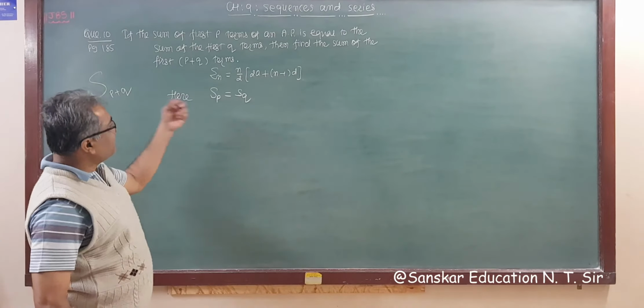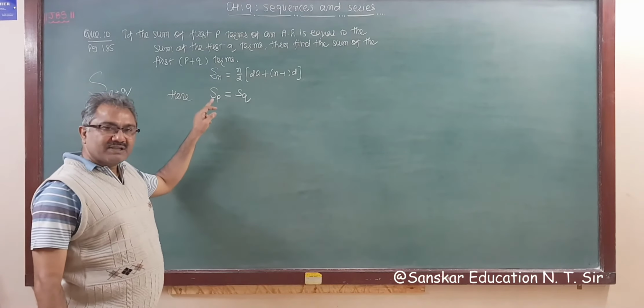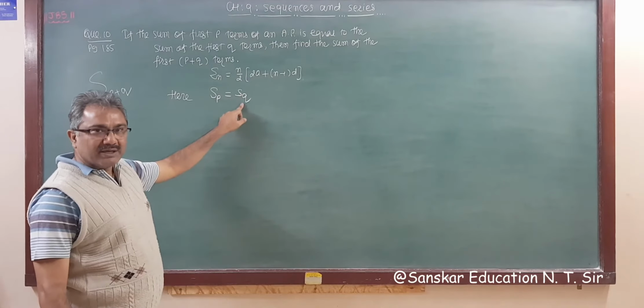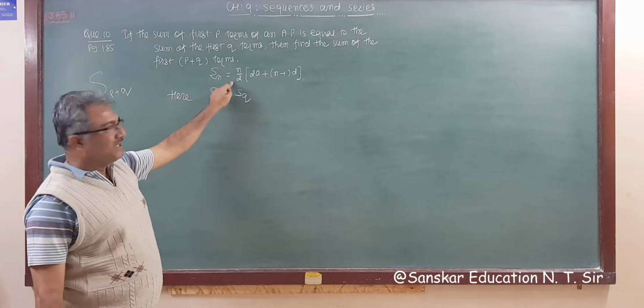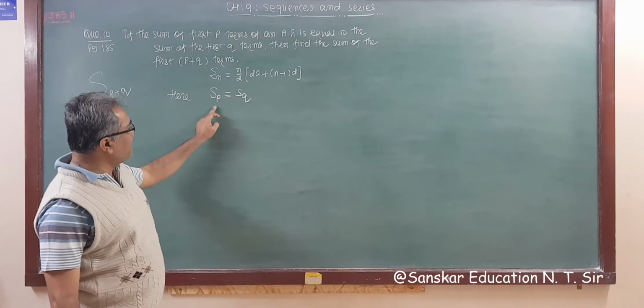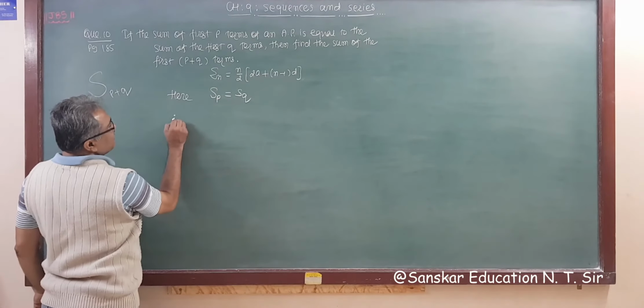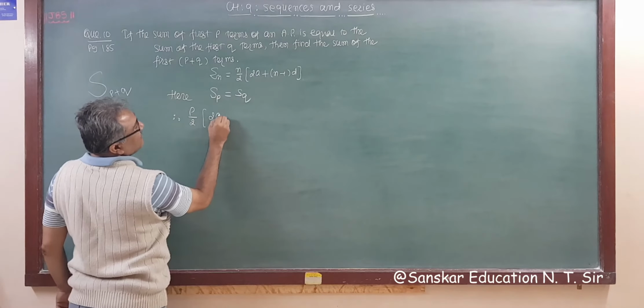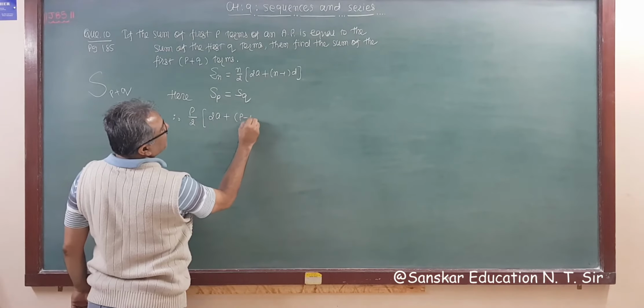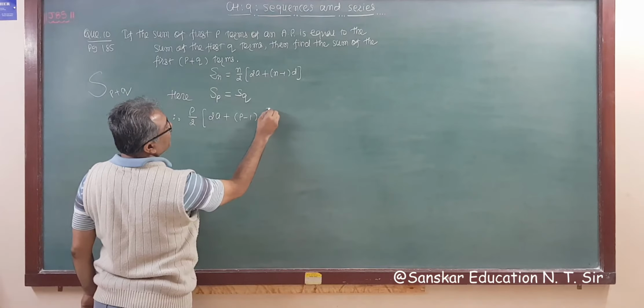So now Sp is equal to Sq is given. For sum of first n terms the formula is this. Instead of n, writing p here, we get p by 2 into twice a plus p minus 1 into d.